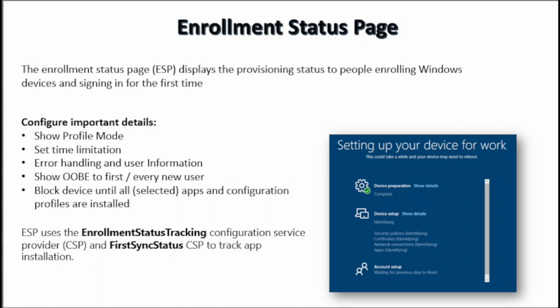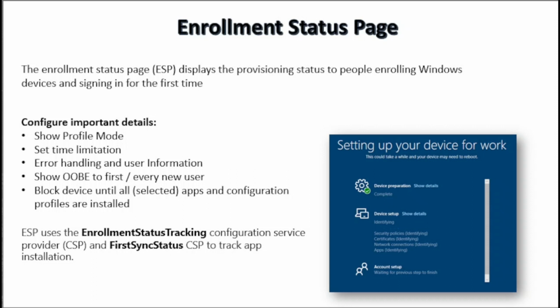The device user can look at the ESP to track how far along their device is in the setup process. The ESP can be deployed during the default out-of-box experience for Azure Active Directory joined devices as well as Windows Autopilot provisioning scenarios.